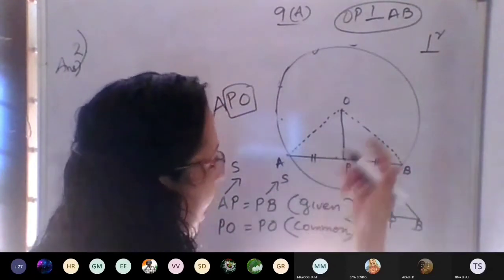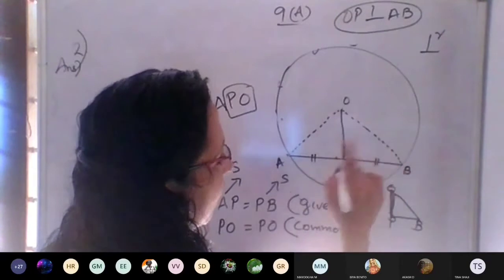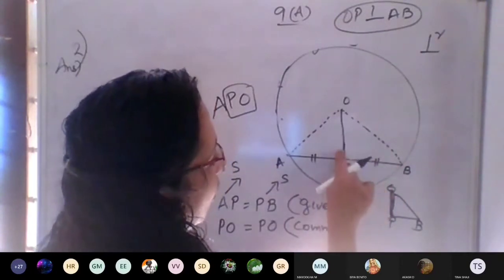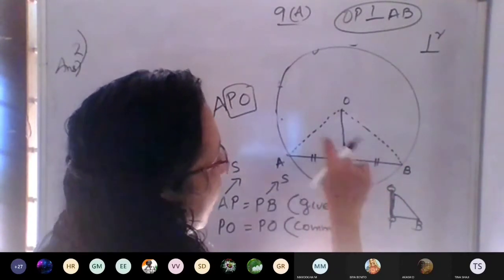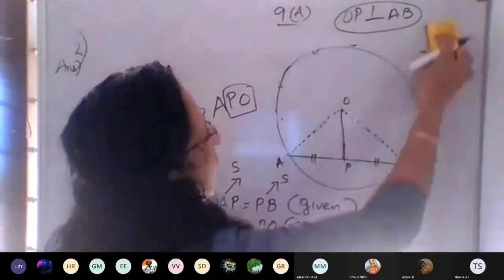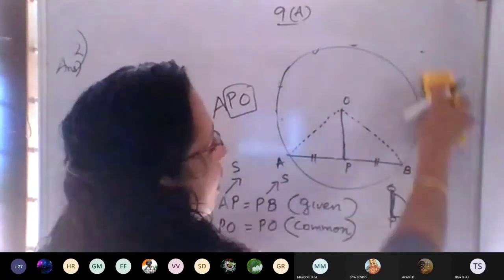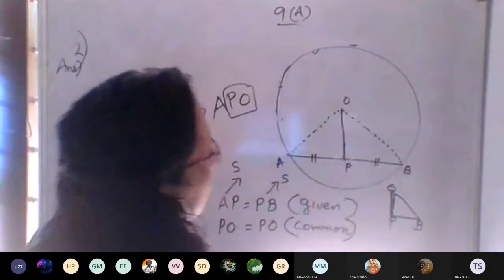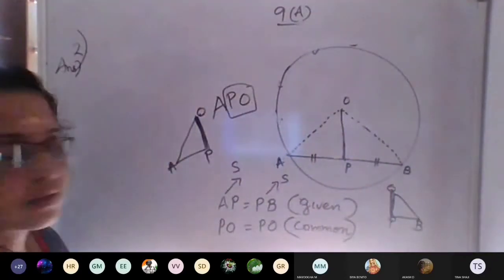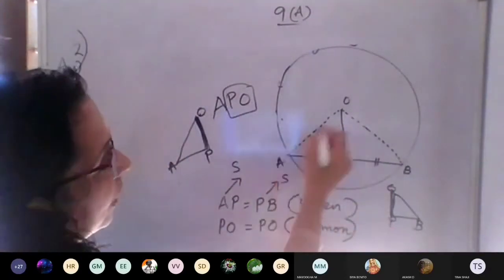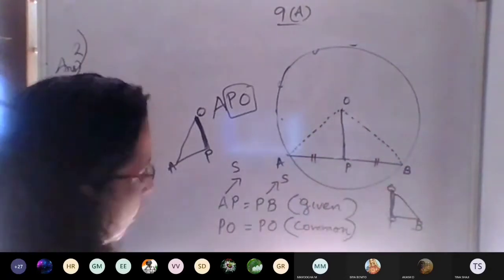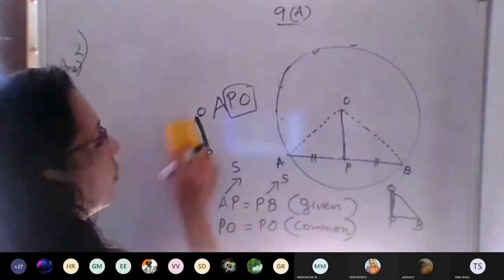It is not given, so don't do it that way. Only the given sides are available. We cannot assume this angle is 90 degrees, so we write the congruence directly. Then OA is equal to the third side. What is the peculiarity of the third side, OA and OB?